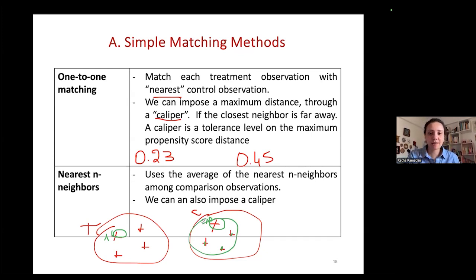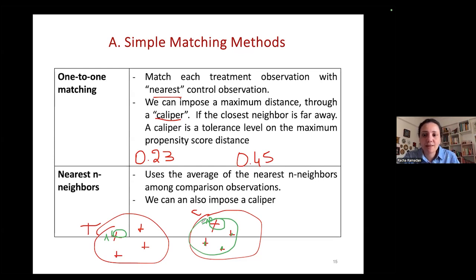I will check the 4 control observations that have values close to the p-score of the treated, and I will take the average of all of them. In this case, I will compare the outcome of this one with the average outcome of these 4 observations. And here, the same thing, we can impose a caliper.